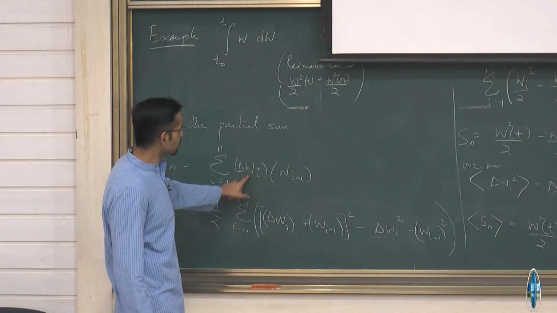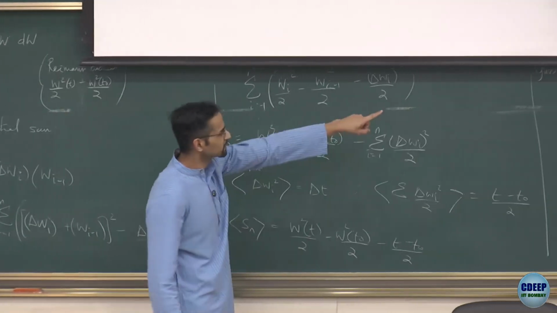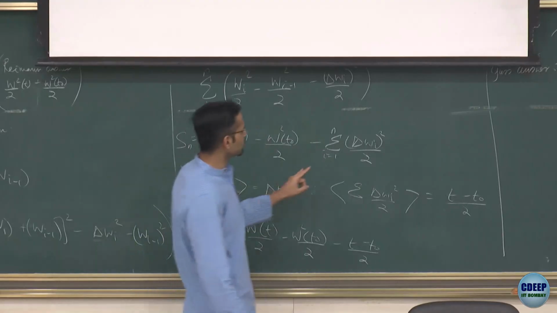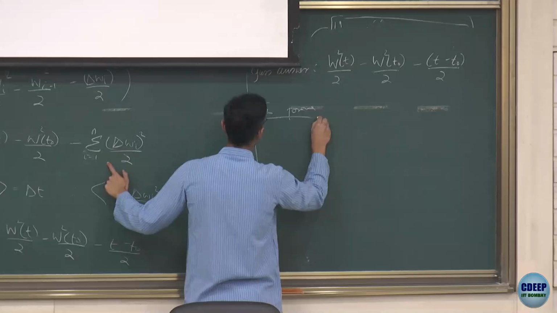Now I already know that the partial sum will exactly evaluate to this, and this stuff will cancel the first two. So what I really need to prove is just this latter part.